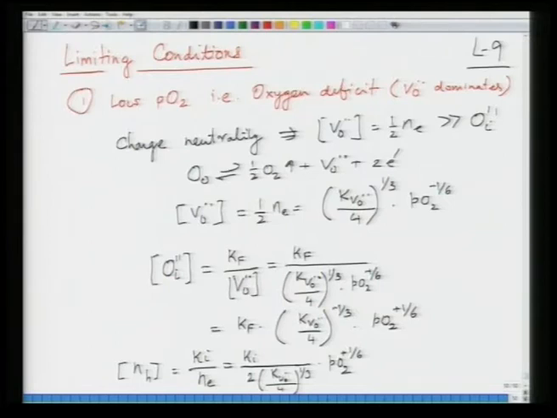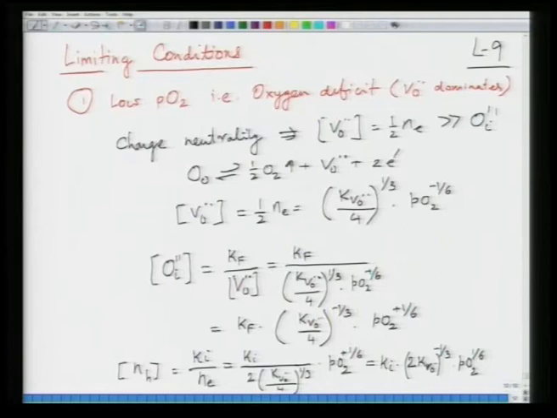This would be the expression for your hole concentration, which can be further modified: you can write it as Ki into 2 KVO to the power minus 1 by 3, because these go up, and multiplied by PO to the power 1 by 6.